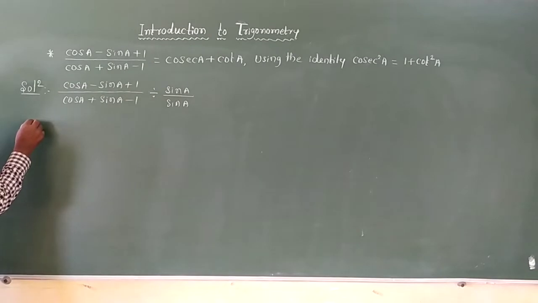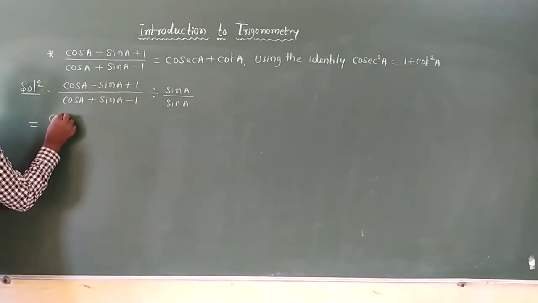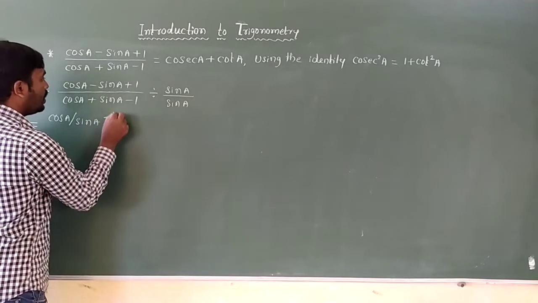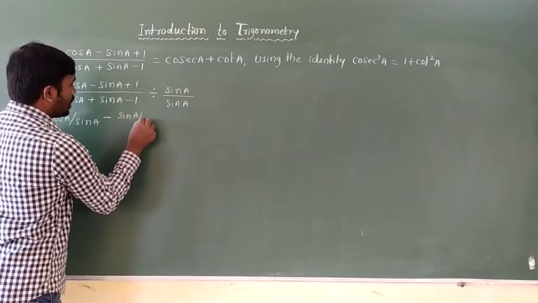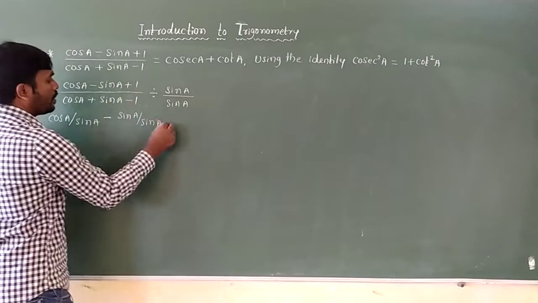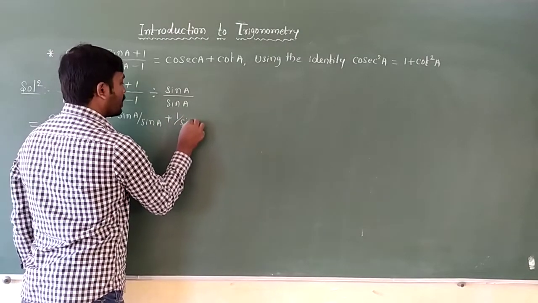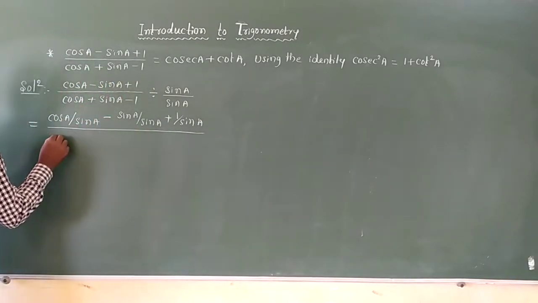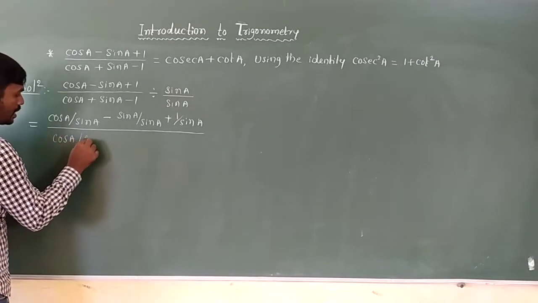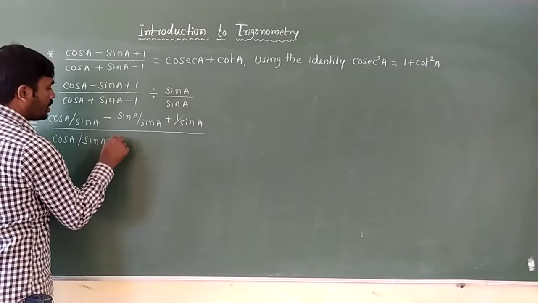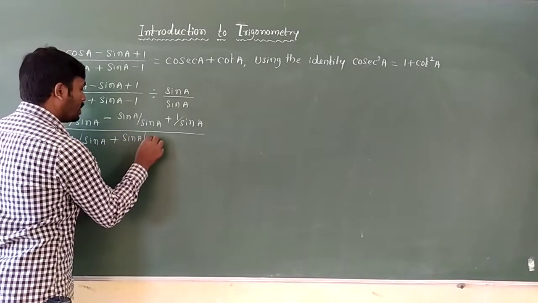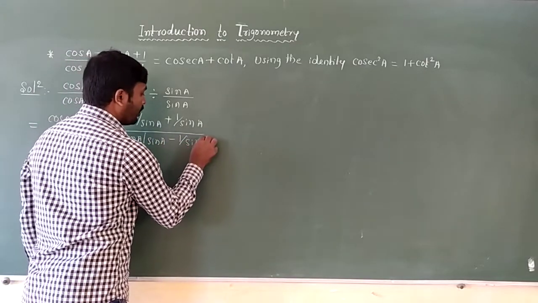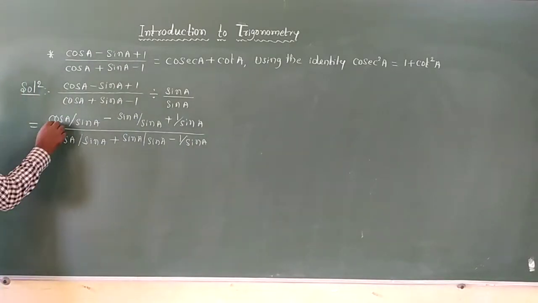If we divide by sin A, then it becomes cos A divided by sin A minus sin A divided by sin A plus 1 by sin A, whole divided by, again, cos A by sin A plus sin A by sin A minus 1 by sin A. So this is equal to: cos A by sin A is what?